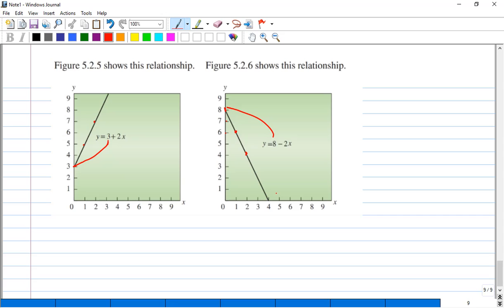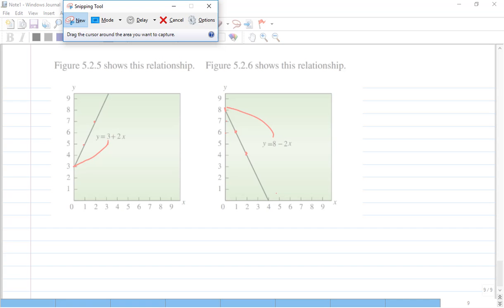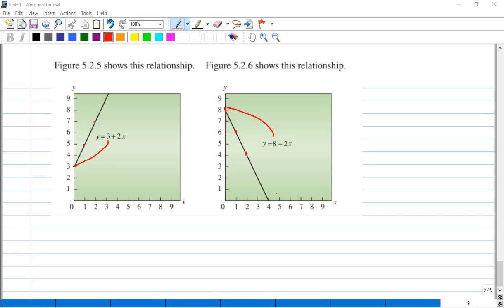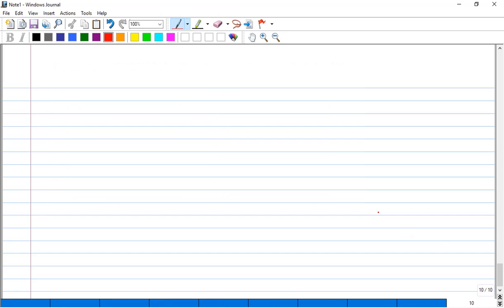The hard part is to figure out which line best fits the data, because there's all kinds of lines I could draw. If I had a scatter plot, let me show you. So I have this scatter plot.